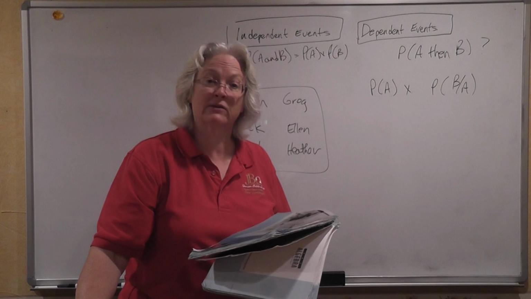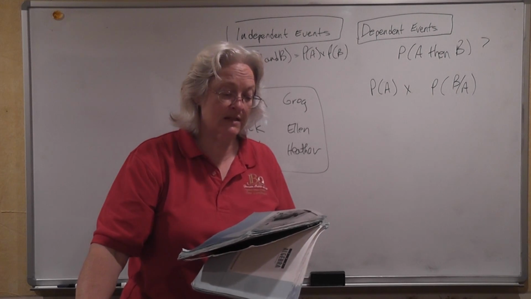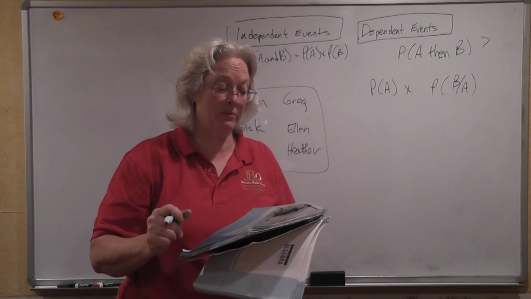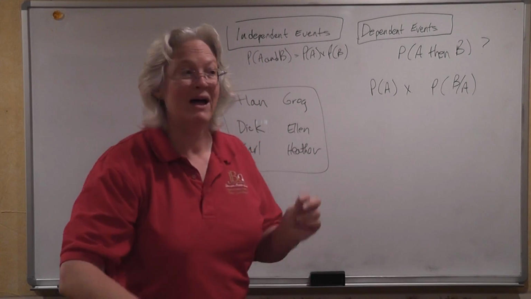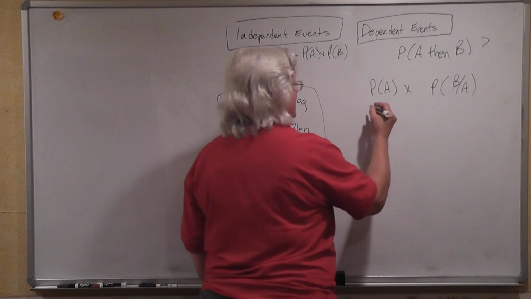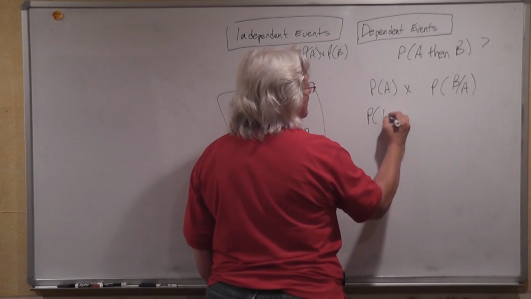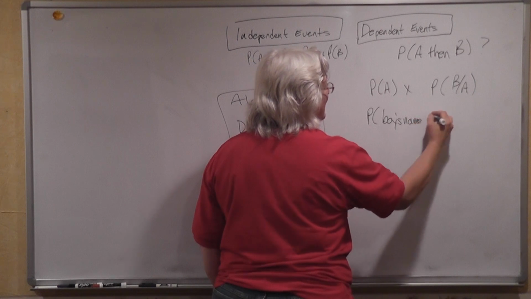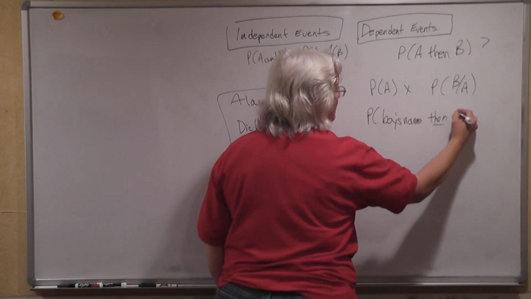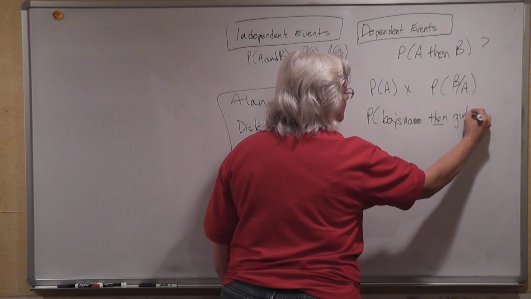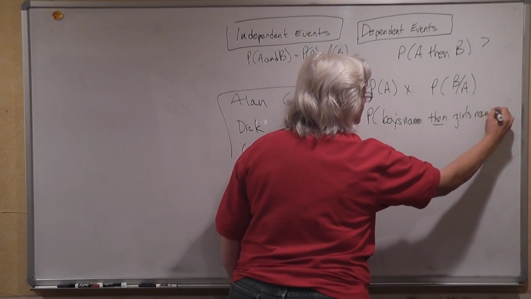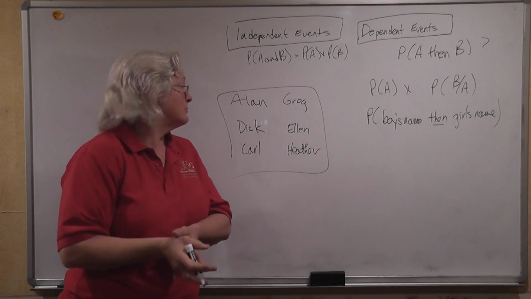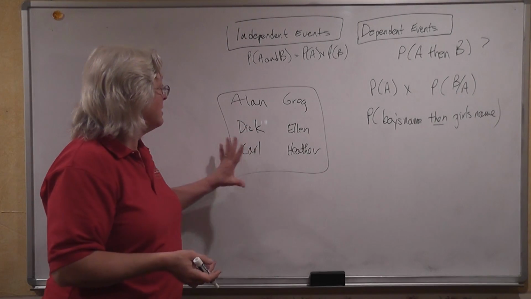And this is where we have to figure out what they're actually asking. This says select 2 names from the box. Select the second name without replacing the first name. Find the probability of a boy's name and then a girl's name. What's the probability of finding a boy's name? We look at our original box here.